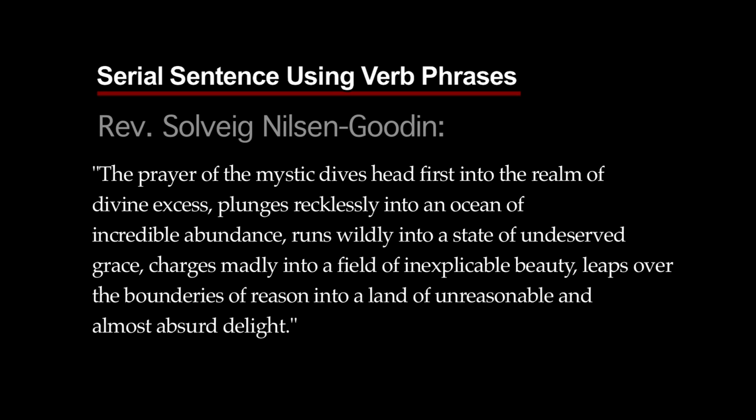The effect of the 5-part series of verb phrases, going on and wildly on, lends rhythmical power to the idea of excessiveness that Reverend Nielsen Gooden is trying to convey.